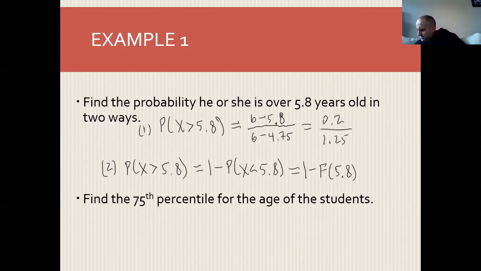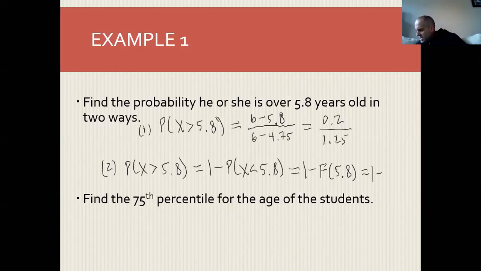Well, it would be 1 minus, okay, this value of x, 5.8, is between 4.75 and 6. So I'd use the x minus a over b minus a version of this.